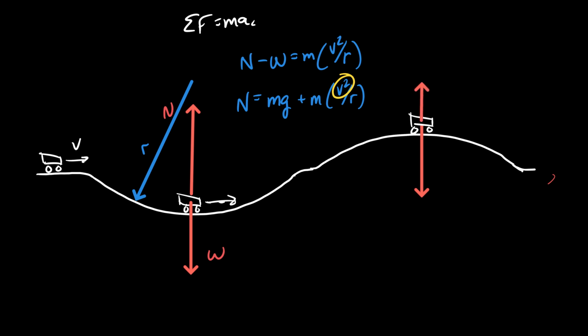But in this situation, you need the forces to be unbalanced downwards, because you want to not go in a straight line. You see that, right? If you go in a straight line, your car is no longer going over the hump. It's flying. The truth is it won't fly. It'll become a projectile. It'll have a parabolic path and it'll crash into the ground.